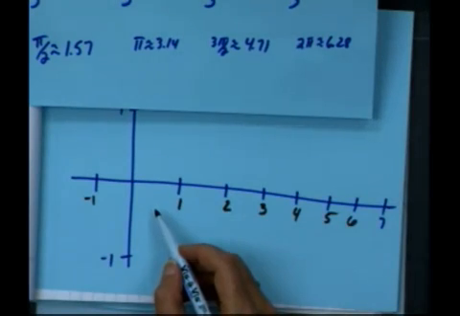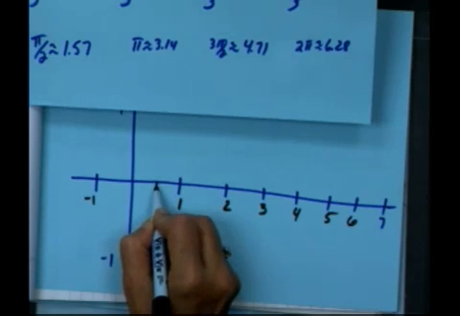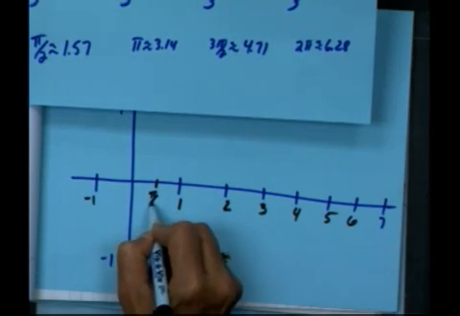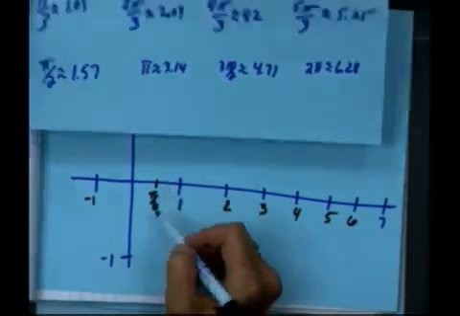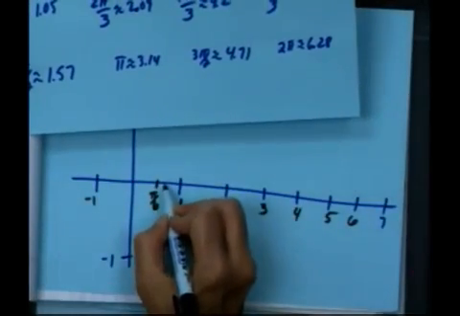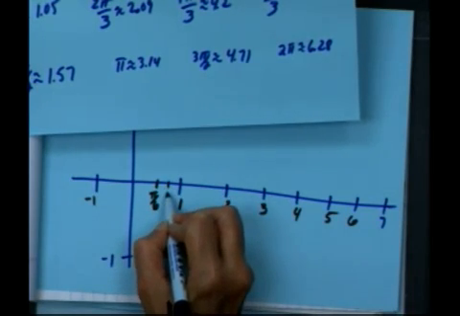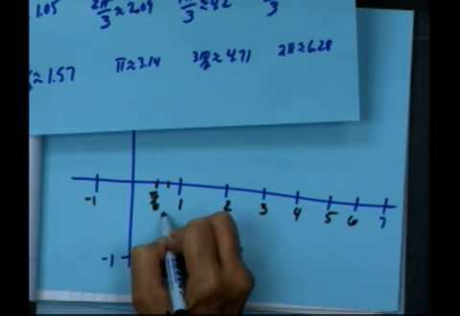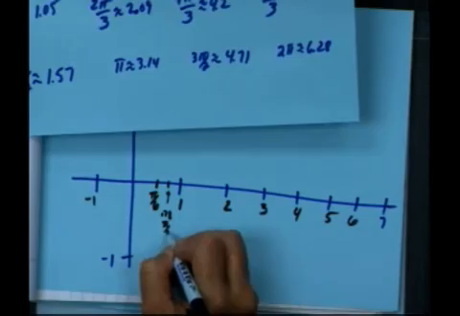Pi over 6 is about 0.52, so that's about halfway here. Pi over 6. And then pi over 4 is about 0.78. I'm just reading right off the sheet here. That would be about halfway to here. I have to write down here a little bit. 0.78. Oops, I meant to write pi over 4.